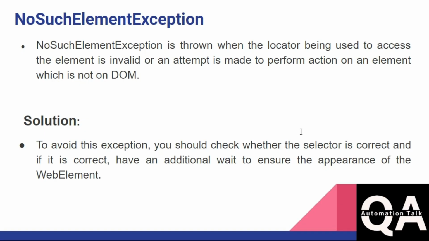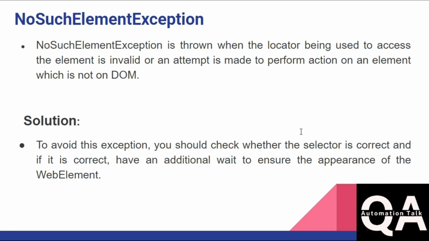NoSuchElementException. NoSuchElementException is thrown when the locator being used to access the element is invalid, or an attempt is made to perform an action on an element which is not in the DOM. So basically the locator that you are using is not on the DOM, and while the Selenium script is executing, you are trying to access it.